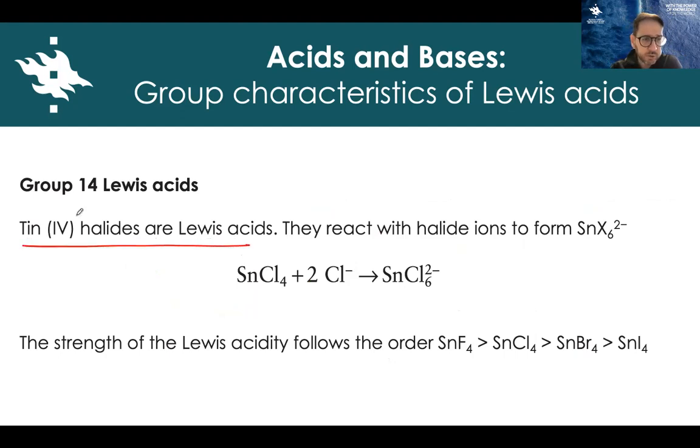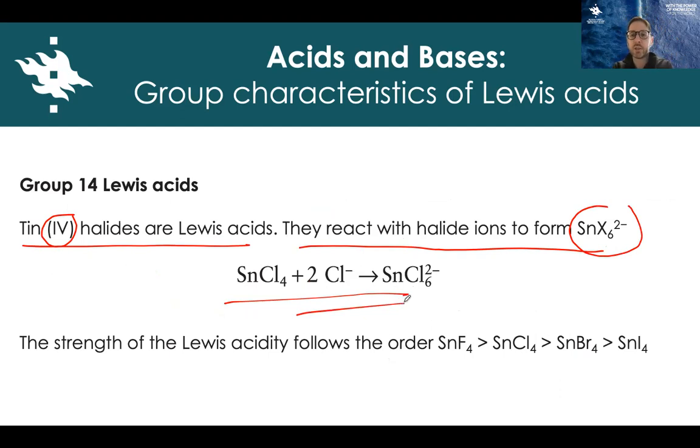When we talk about tin-4 halides, in this case, they act as Lewis acids, reacting with halide ions to form species with 6 ligands, as shown here. This is similar to the example for silicon that we discussed earlier.